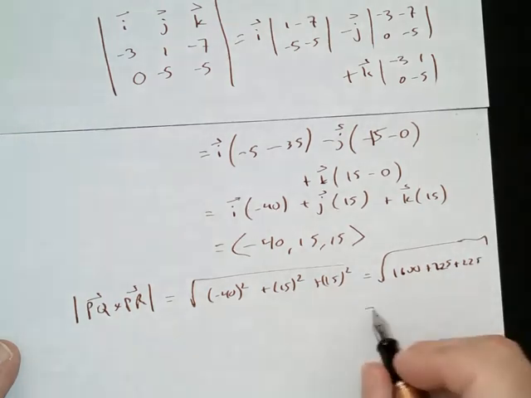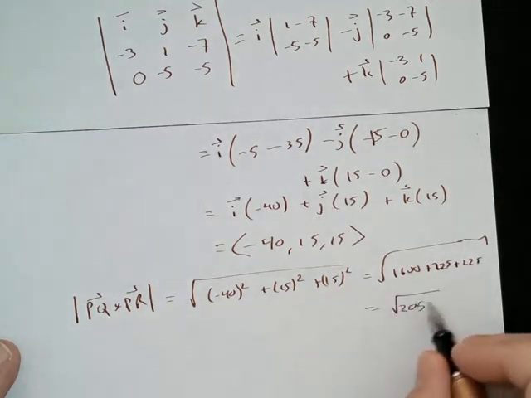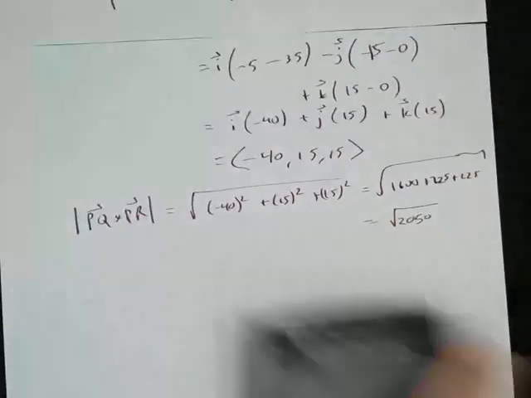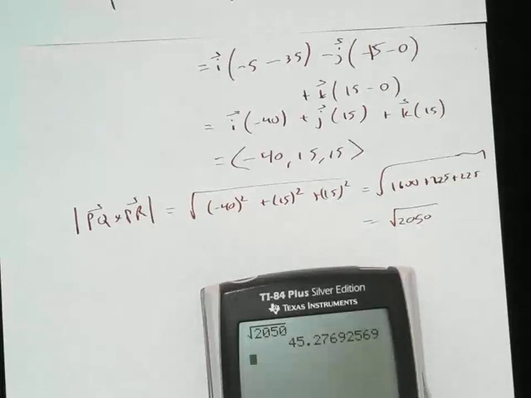So that's 1600 and 450. That's the square root of 2050. And then I divide that by 2 to get the area of the triangle. Square root of 2050 is a disgusting looking number. Half of that is the area of my triangle.